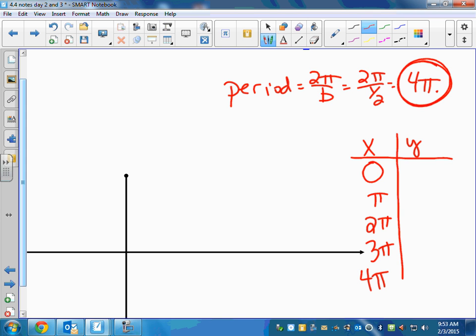So we can work all these out. What was my equation? Sine of x over 2. When I plug 0 in here, that's still just going to be sine of 0, which is 0. But watch what happens now because I taught you how to pick the awesome points. What happens when I plug pi in here? It's pi halves.